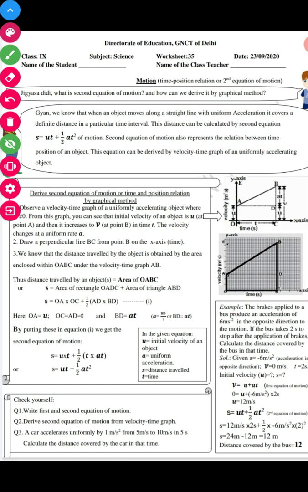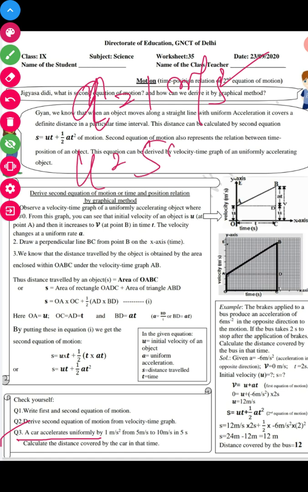And third we have a car accelerated. Okay, I'll write it for you. I'll do this question for you. First of all, just understand, a car accelerates in uniform motion by 1 meter per second. This is the acceleration. A is equal to 1 meter per second square, from 5 meter per second to 10.